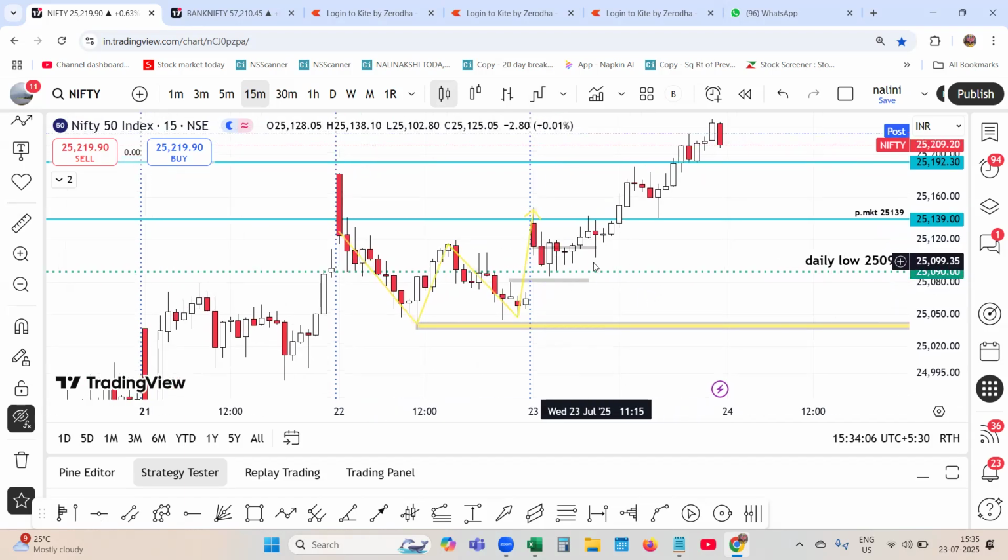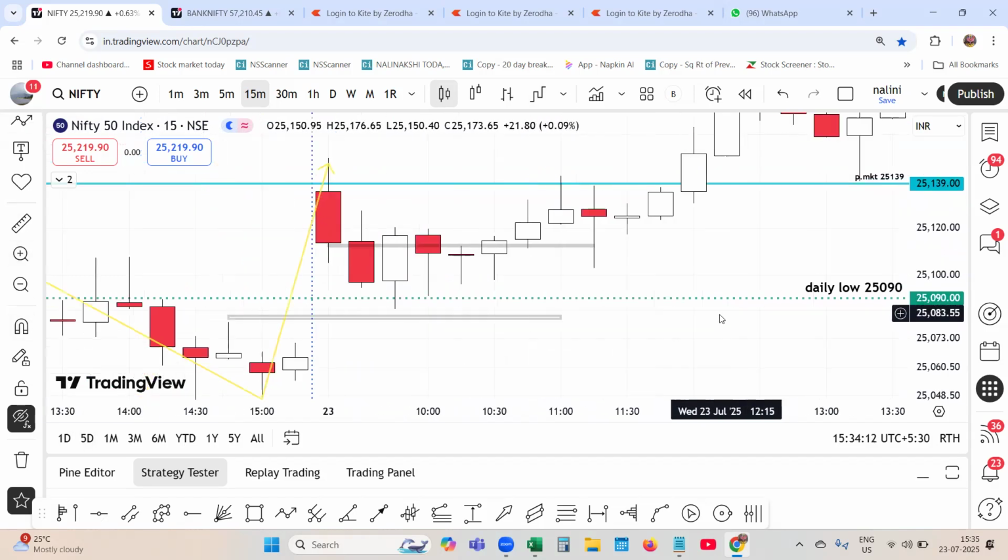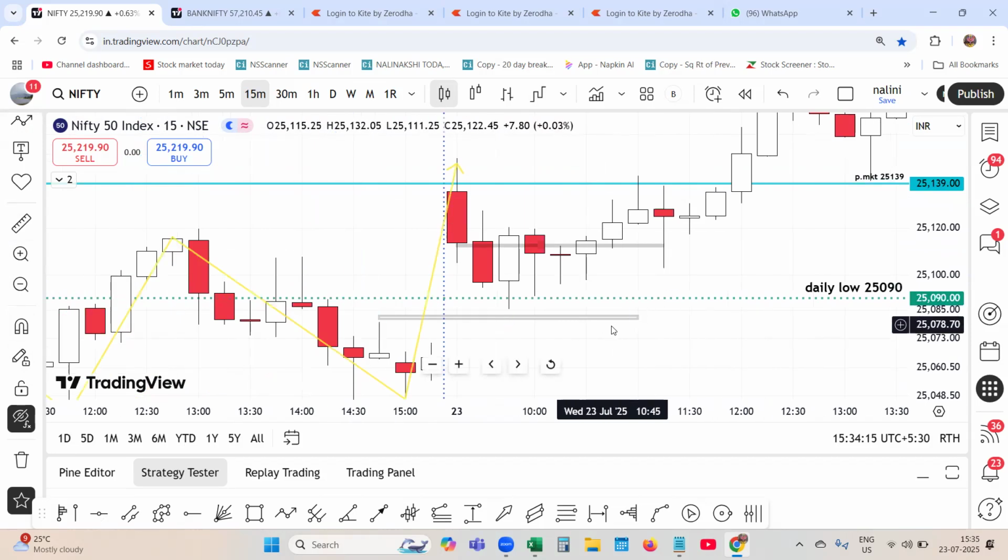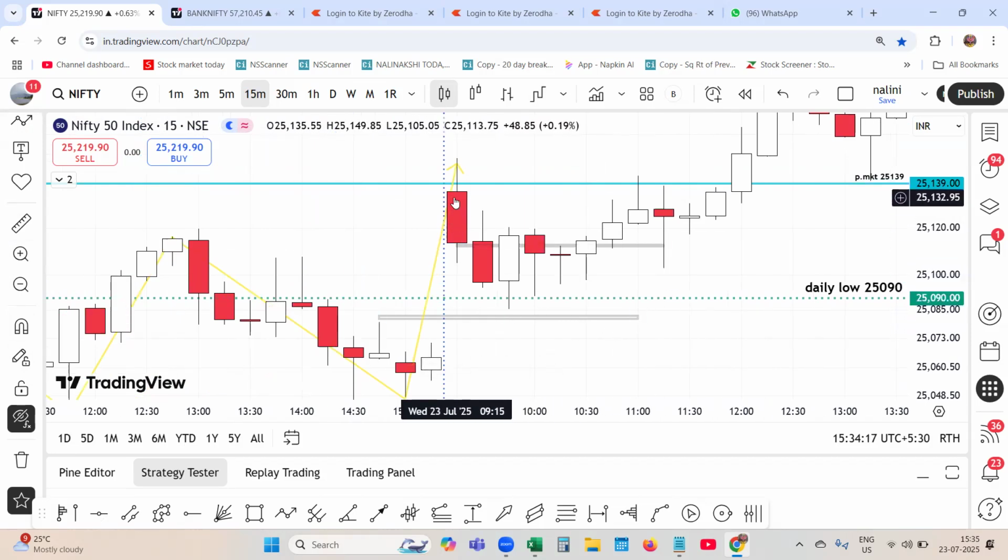And till 11:15 the market stayed in a range. But if you see, it made a lower low, trapping this low and closing higher. This candle is a reversal candle because sellers have been trapped and closed higher.